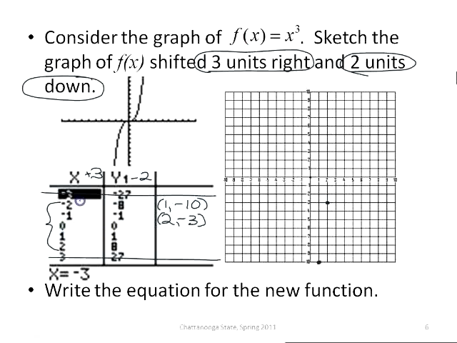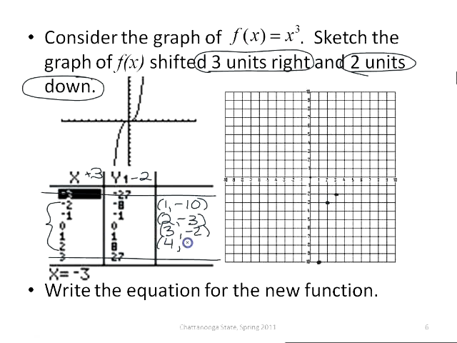0, 0. If I add 3 to 0, I get an x coordinate of 3. If I subtract 2 from 0, I get a y coordinate of -2. So that's the point 3, -2. Then 1, 1. If I add 3 to 1, I get a 4.